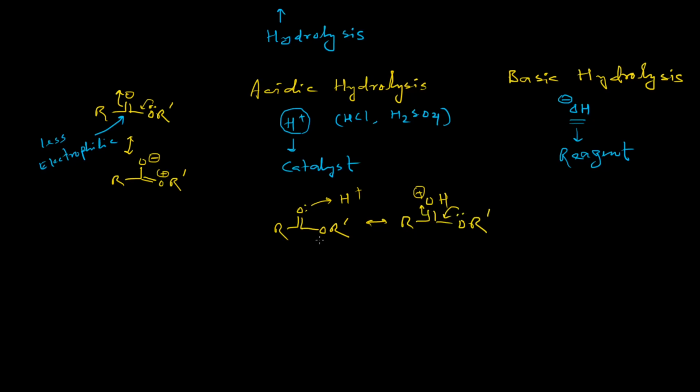But if this particular oxygen was protonated, then there will be no such kind of stabilization, and that's why the protonation of the sp2 hybridized oxygen atom is always preferred over the sp3 hybridized oxygen atom, right?